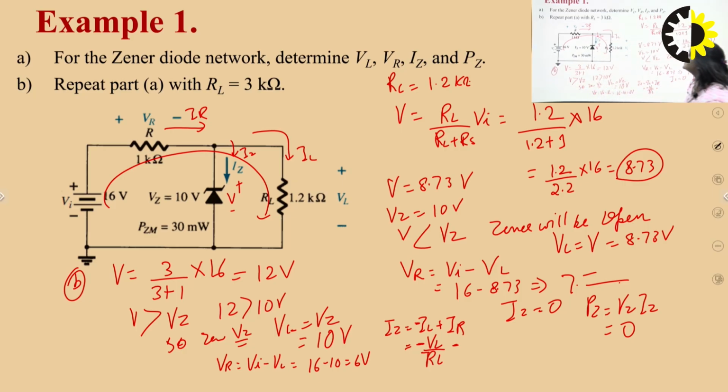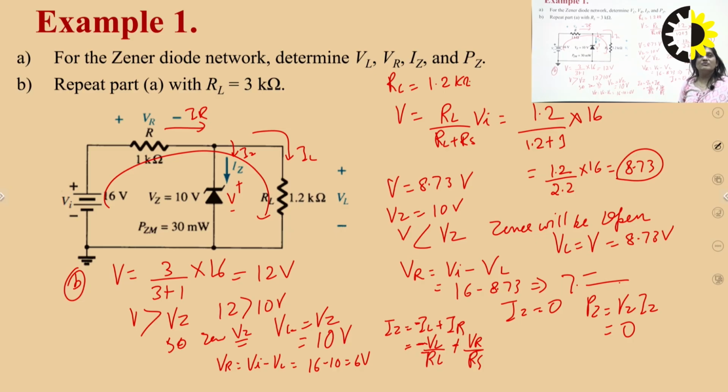So IR is equal to IZ plus IL. So IZ would be equal to minus VL upon RL plus VR upon RS. We have found the value of VL, that is equal to 10 volt. So minus 10 upon 1.2 plus 6 upon 1. We can find the value of IZ in this way.